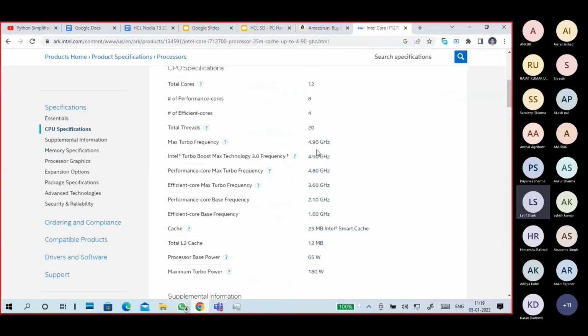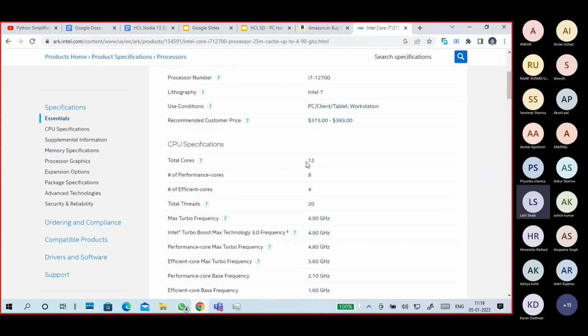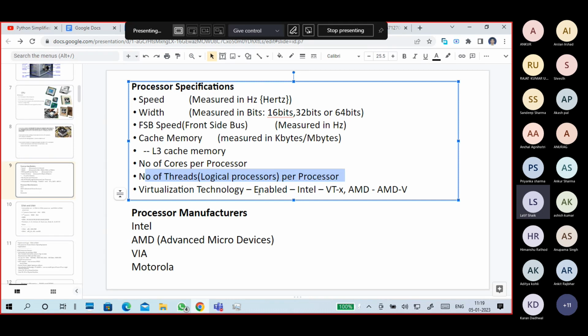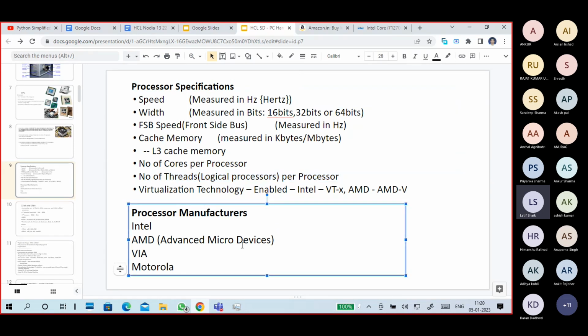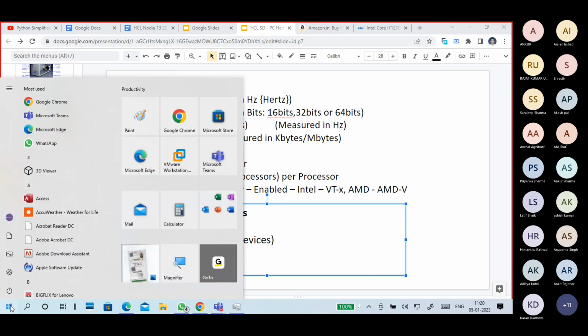For this processor, how many cores? 12 cores, because 8 plus 4 is 12, and it is a 20 thread processor. As the number of cores and threads increases, the processor speed is very high. Okay, so processor speed we can easily determine.